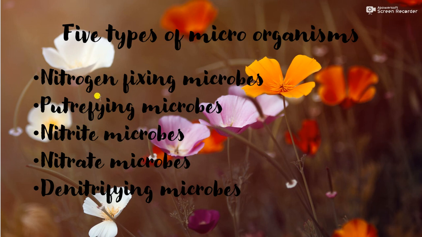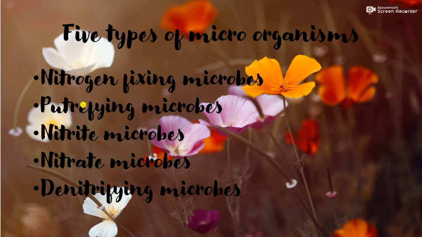The second kind of microorganisms involved in nitrogen metabolism is putrefying microbes. You can say this as putrefying or putrefying. The pronunciation may differ, but putrefying is the American slang, I guess. These putrefying microbes are free living microorganisms, mostly fungi, and they are commonly found in soil.